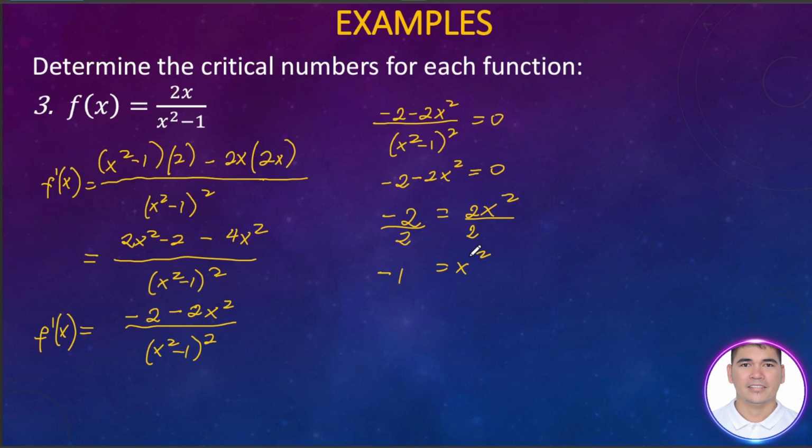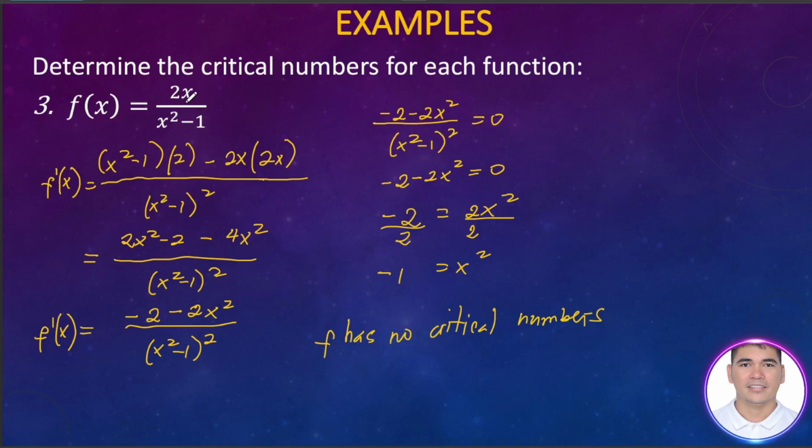Although 1 and negative 1 make the derivative of f undefined, they cannot be considered critical numbers because they are not in the domain of f. So here, f has no critical numbers.